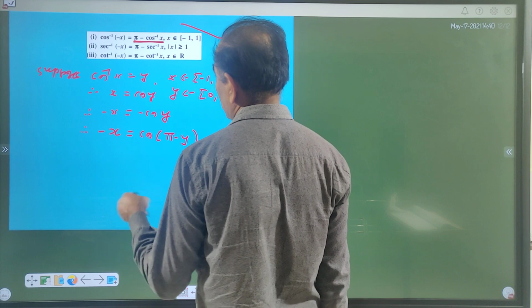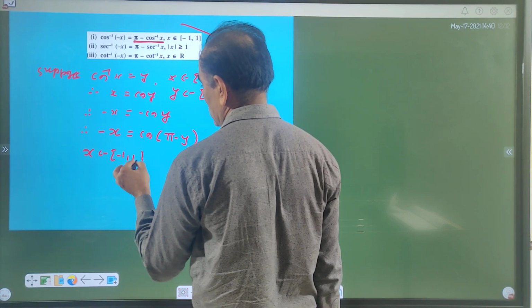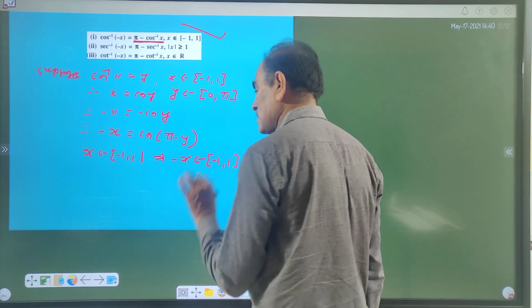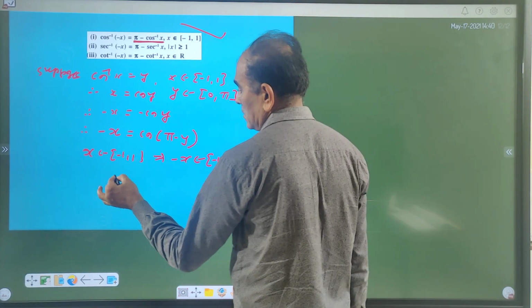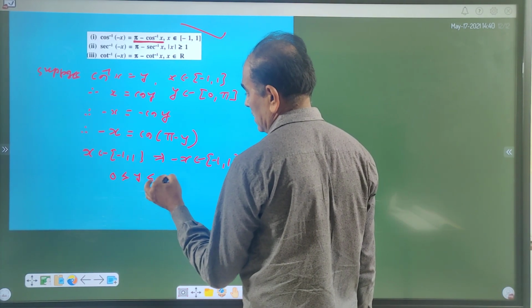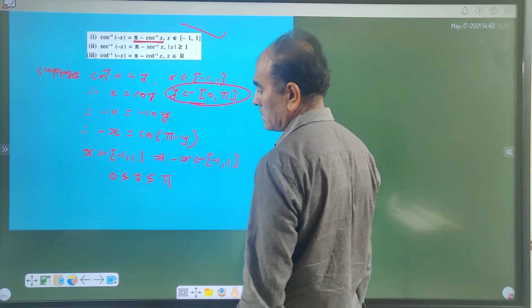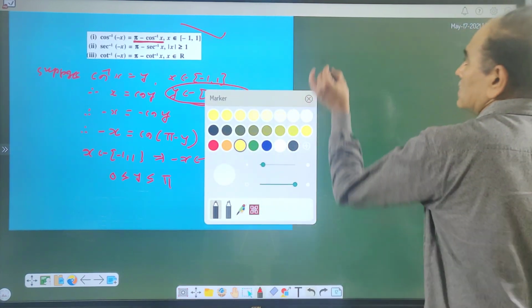Now we have to see that part. x belongs to the closed interval minus 1 to 1, so minus x is also in the same interval minus 1 to 1. Now we have to see this angle. 0 is less than or equal to y less than or equal to pi, because y belongs to the closed interval 0 to pi.